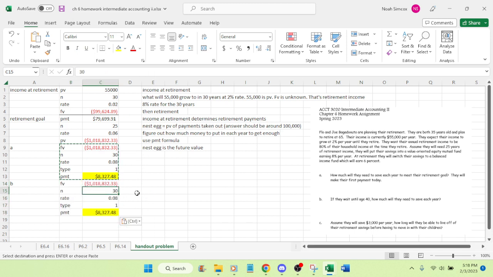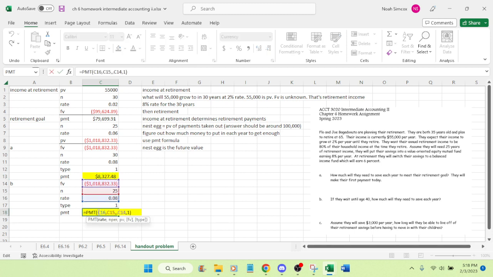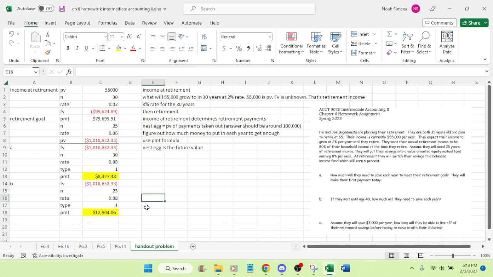And then we change this to 25, and then we change this. We copy and paste the formulas. I think this should work. So everything is the same except they have less time to do it. That's literally the only difference.